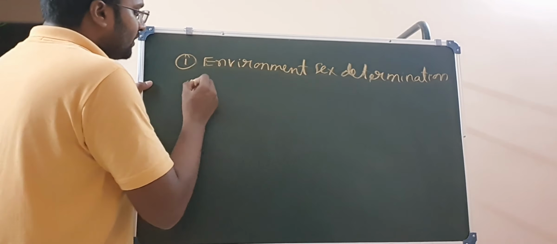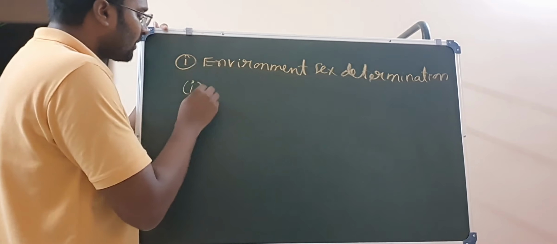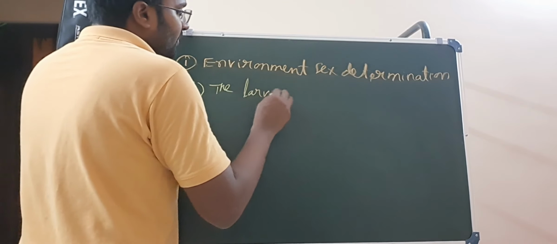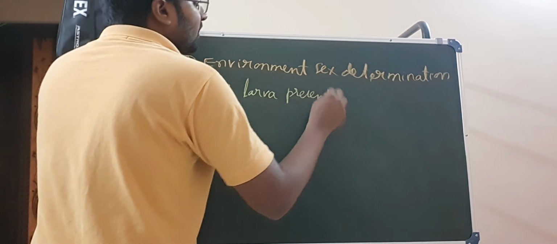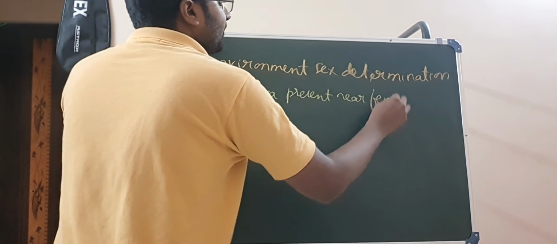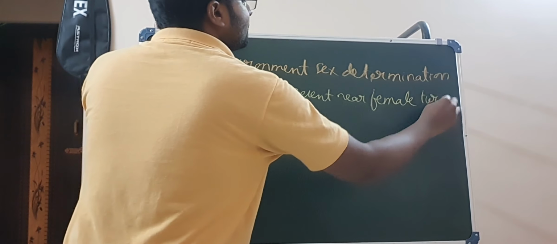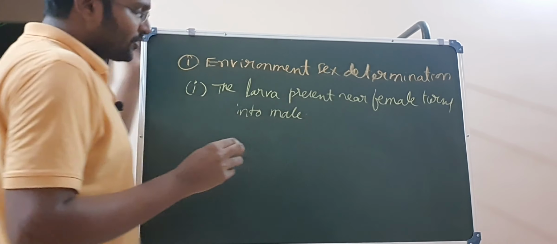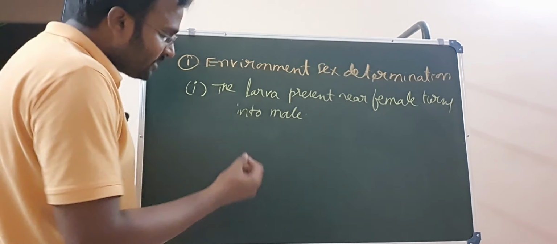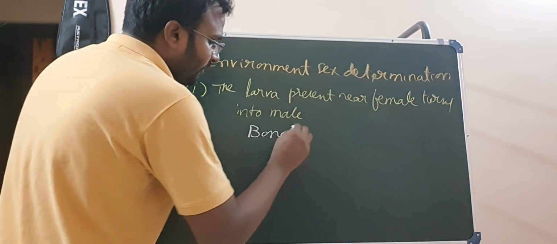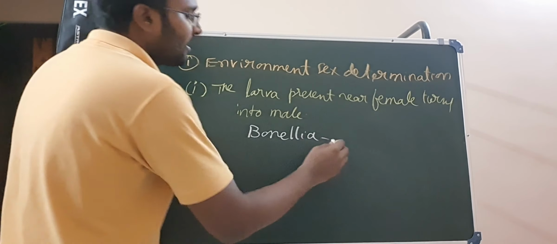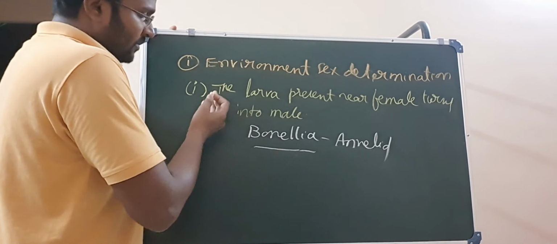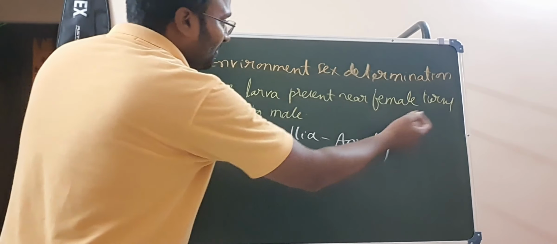The first one, if you take, the larva present near female turns into male. So in certain marine species of organisms like Bonellia, a named annelid is there. So I wrote the larva present near the female turns into male.